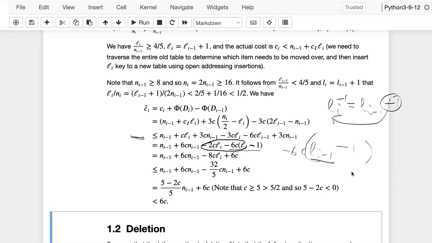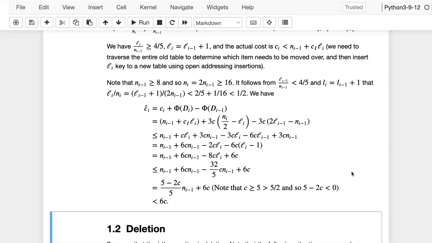So now we are here. And because of the load factor after the insertion before the expansion, so that is that. Remember earlier we said that L sub i over n sub i minus 1 is greater than or equal to 4/5.